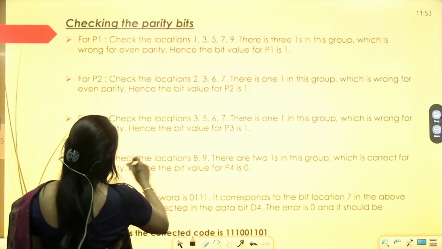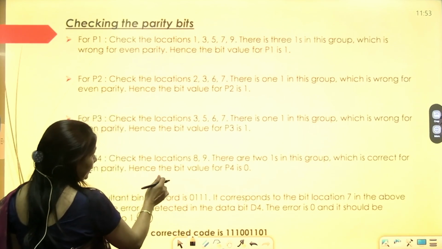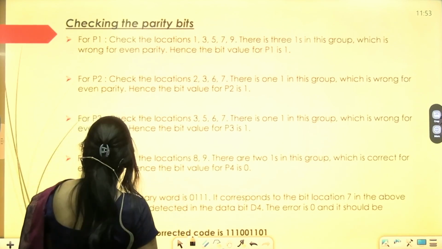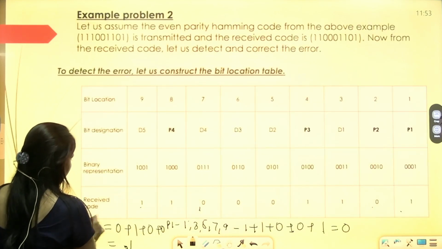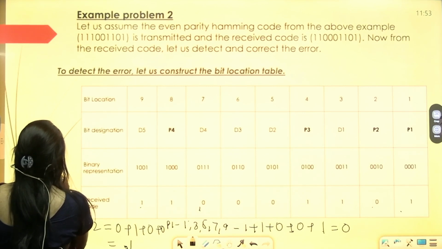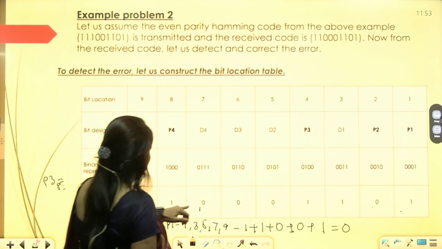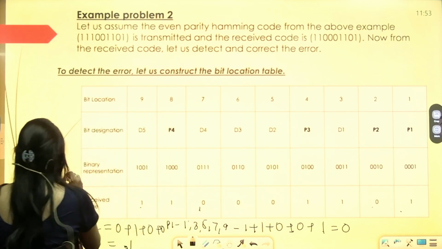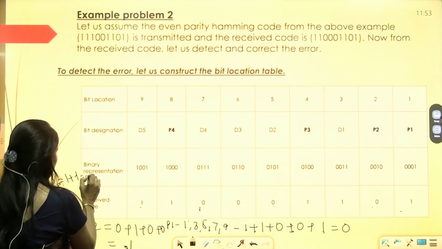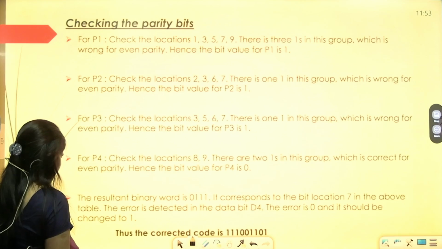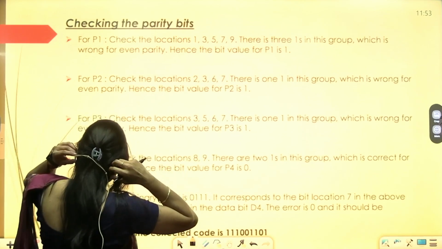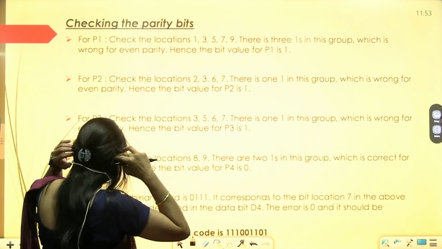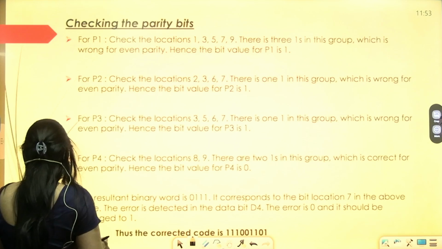Next, the group with 8 and 9. 1 plus 1 equals 0. No error.